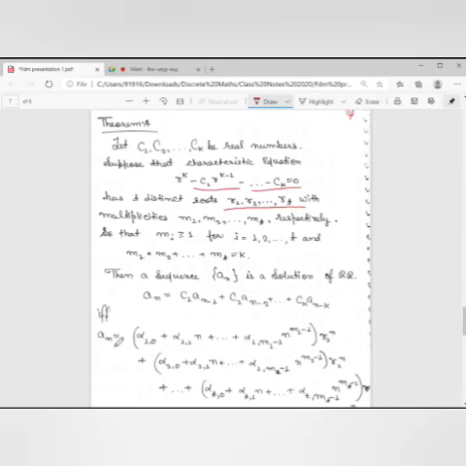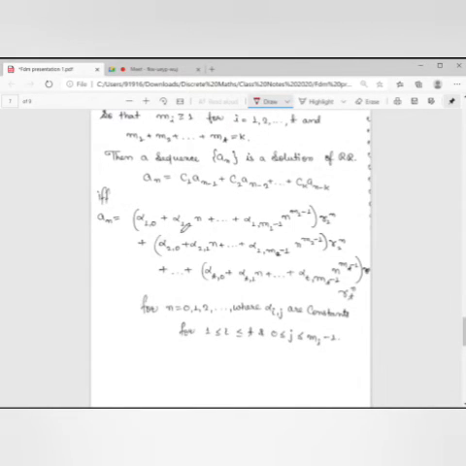if and only if an = (alpha 1,0 + alpha 1,1 n + ... + alpha 1,m1-1 n^(m1-1)) r1^n + (alpha 2,0 + alpha 2,1 n + ... + alpha 2,m2-1 n^(m2-1)) r2^n + ... + (alpha t,0 + alpha t,1 n + ... + alpha t,mt-1 n^(mt-1)) rt^n, for n = 0, 1, 2, where alpha i,j are constants, for 1 <= i <= t and 0 <= j <= mi - 1.